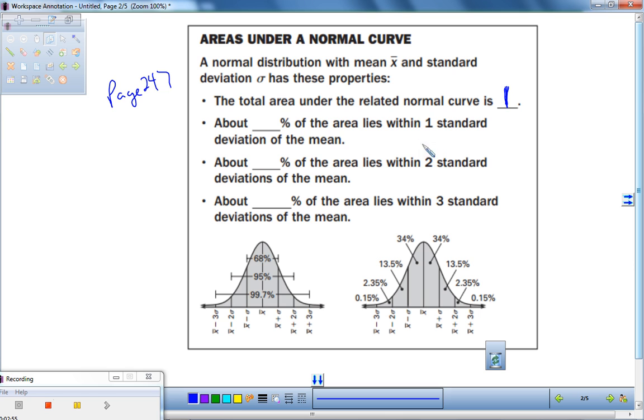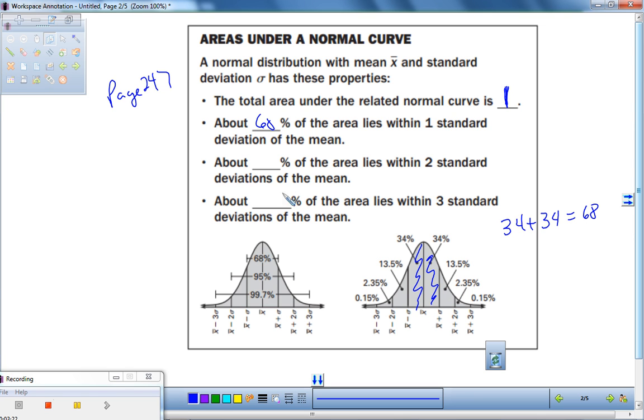When we talk about 1 standard deviation, we're talking about plus or minus. So if you look down here, we have x minus the standard deviation, and then x plus the standard deviation. We want to know what percentage of the data falls there. If we add the 34 plus the 34, that gives us 68%. So 68% of the data falls within plus or minus 1 standard deviation.